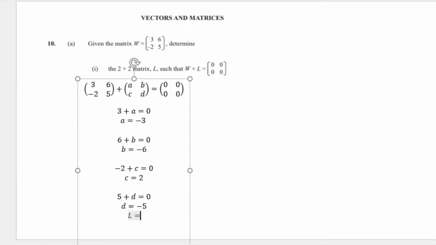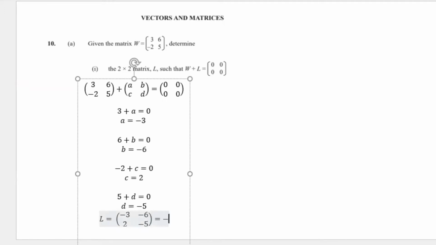So therefore, L is equal to negative 3, negative 6, 2, negative 5.